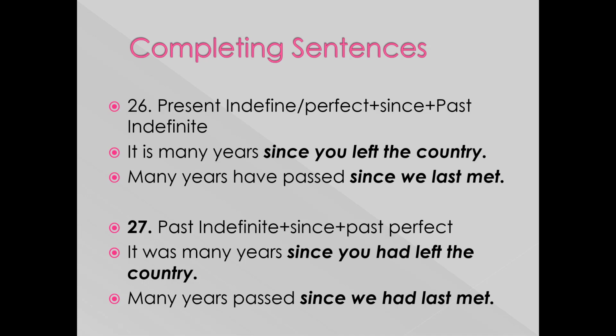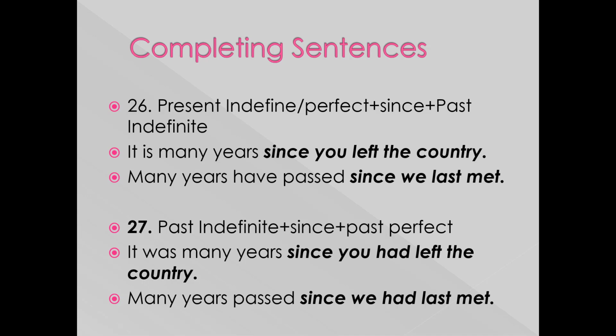Second example, many years have passed since we last met. So you see, before since we see the use of present perfect tense, have passed, and after since we see last met, that is past indefinite tense. Okay, so I think that you have understood the structure.